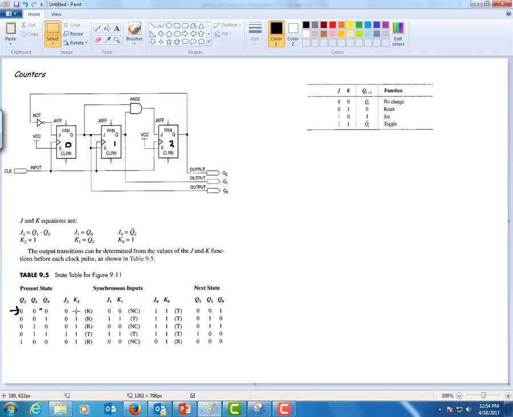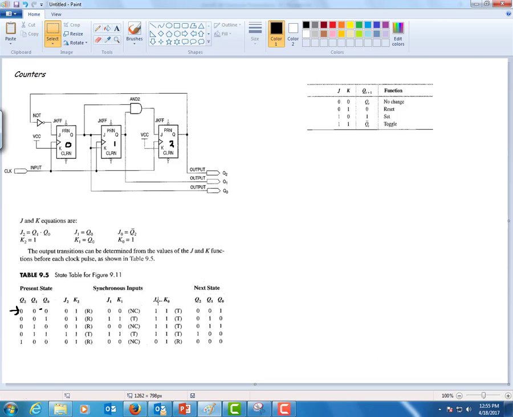J2, K2. If we clock it with J2 equals 0, K2 equal 1, that's going to be a reset. So we know the output for that is going to be a 0. Q will be 0. J1, K1, it means it's no change. So we have to go back and find out what Q1 is now. It's 0 presently, so it's going to stay 0 after the clock.